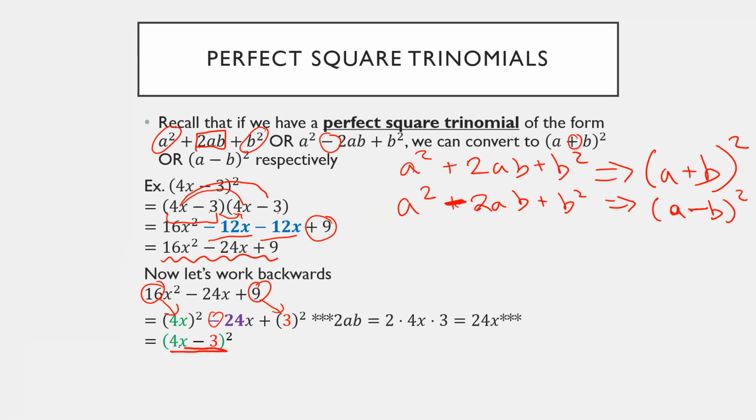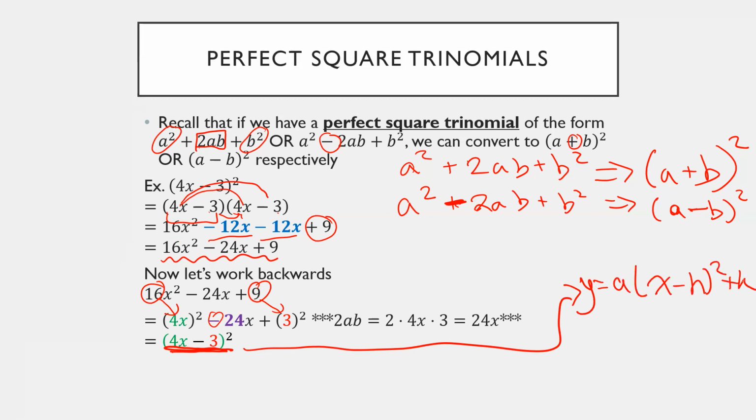So this is special to us because if you recall, vertex form looks like this. Do you notice any similarity between what we have here and what we have in this form? Well, we notice that vertex form actually has the difference of two square roots squared, right?